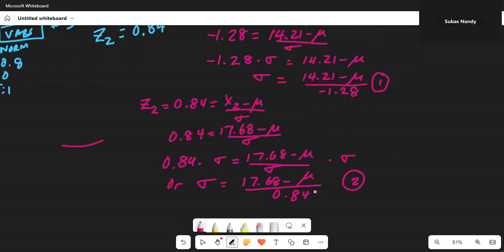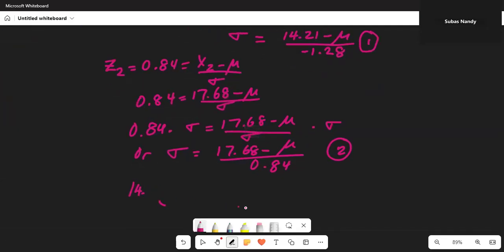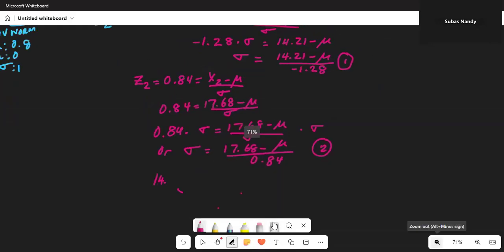So basically, we will equate those two values of sigma. 14.21 minus mu divided by minus 1.28 is equal to 17.68 minus mu divided by 0.84.